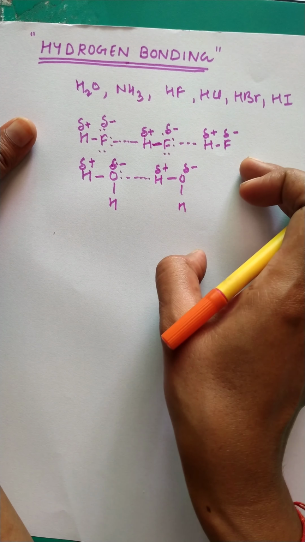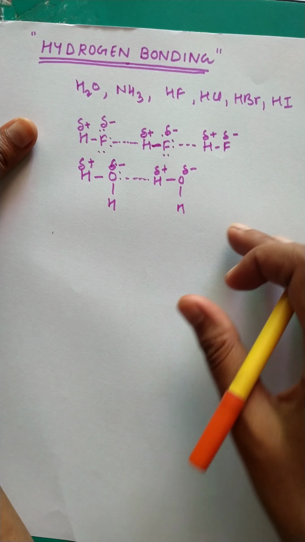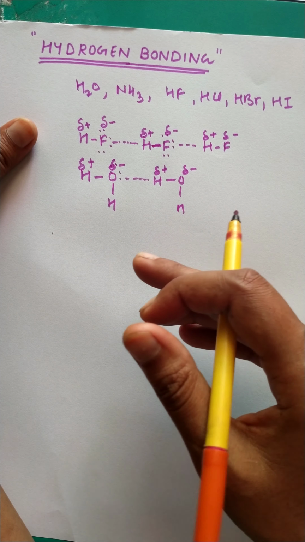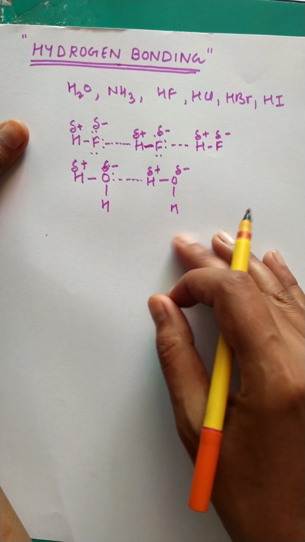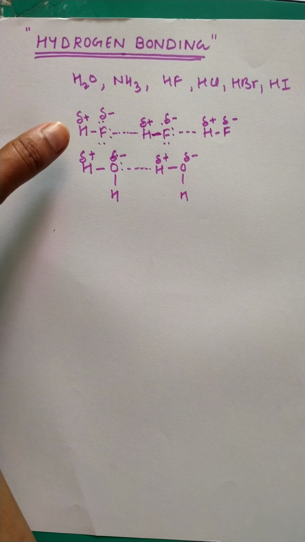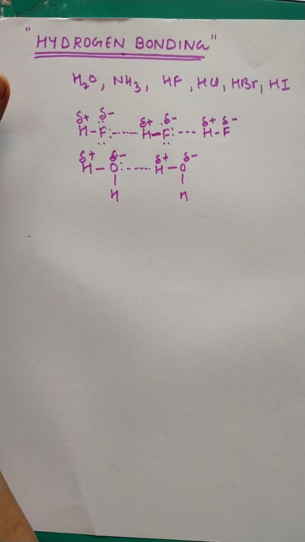So hydrogen bonding is present in this way. It can be present between different molecules, and within the same molecule also the hydrogen bonding can be found. Since fluorine is more electronegative, it forms the strongest hydrogen bonding compared to the others.